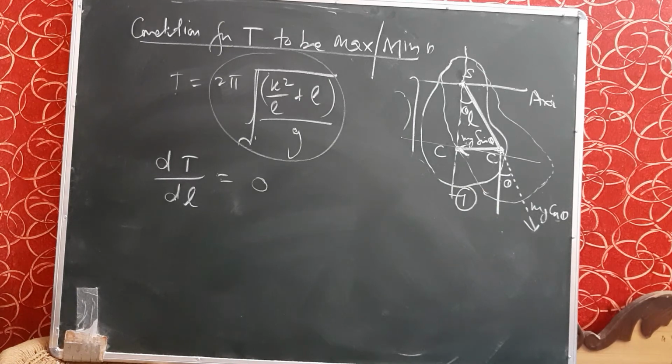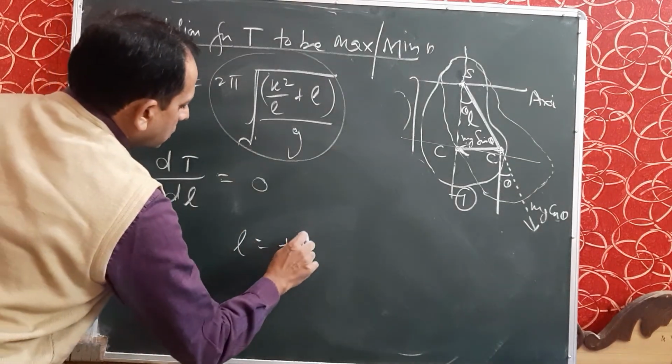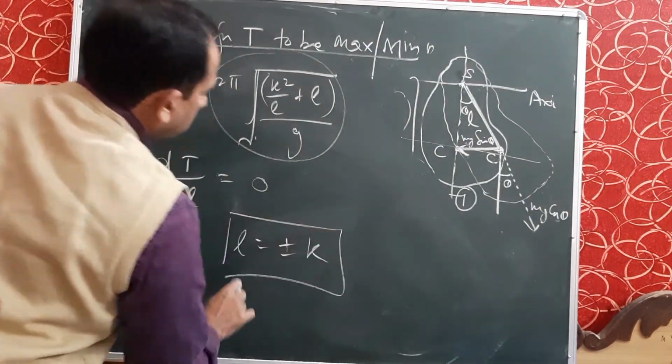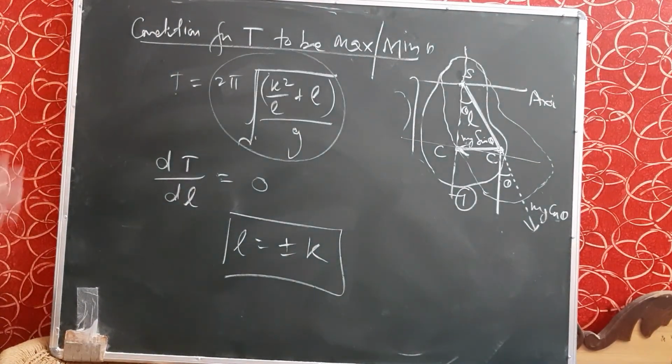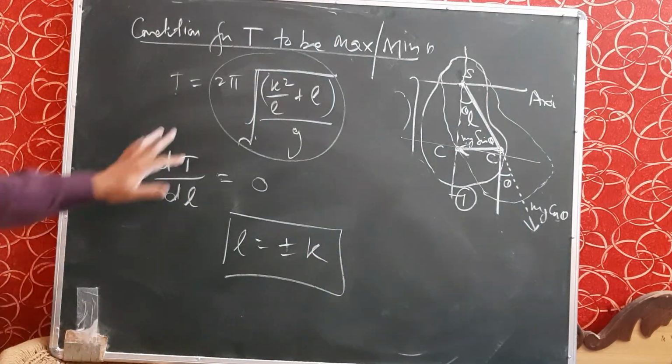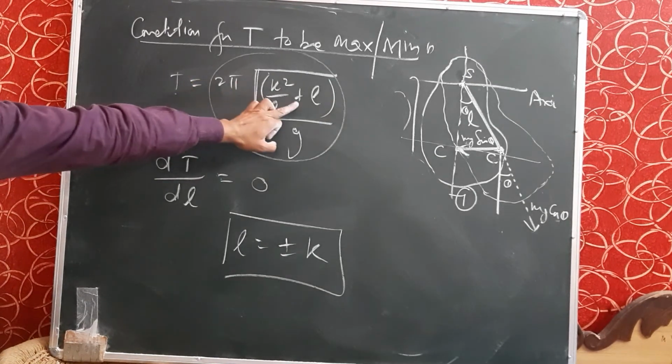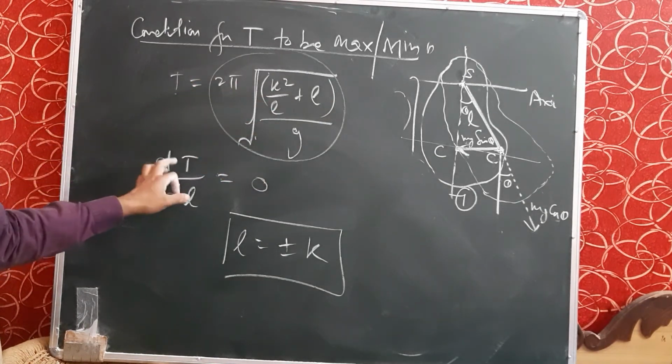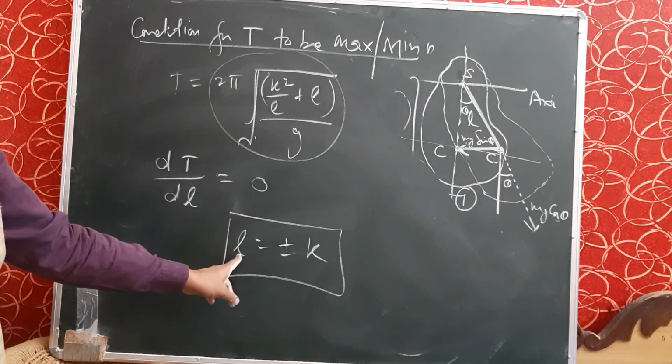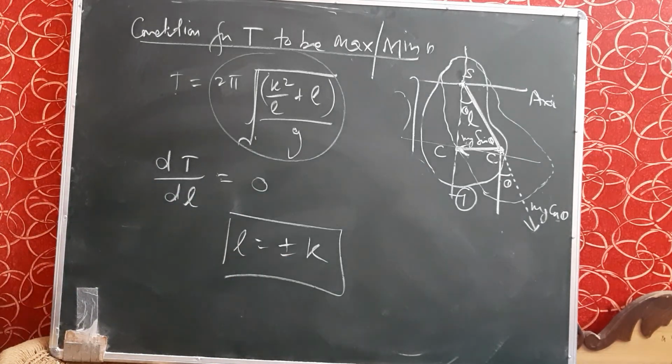You will find that l is plus minus k. You may solve this equation by yourself: take the derivative with respect to l, put it equal to 0, and you will get l equal to plus minus k. So this is the condition for the time period to be maximum or minimum. This is all about the compound pendulum. In the next lecture we will find the torsional pendulum. Thank you very much.